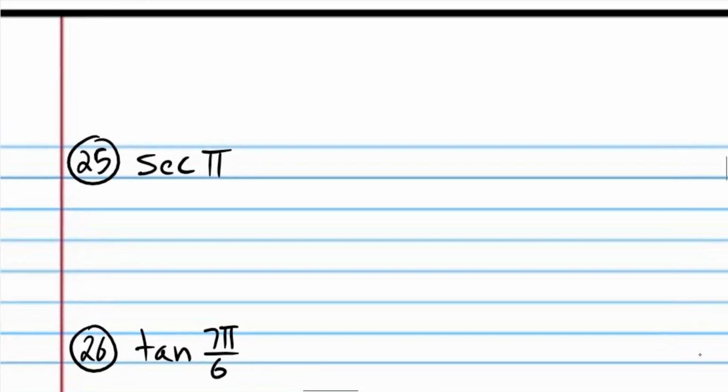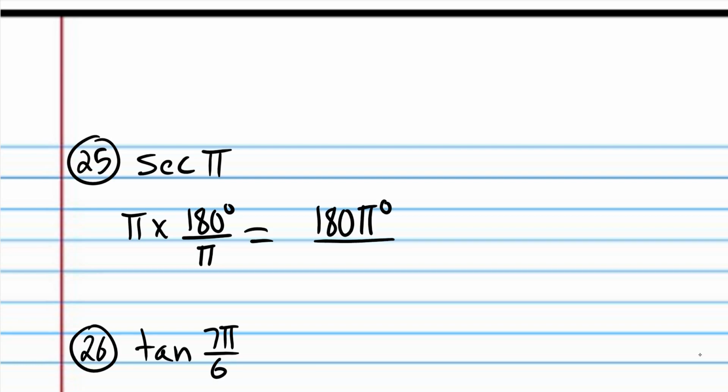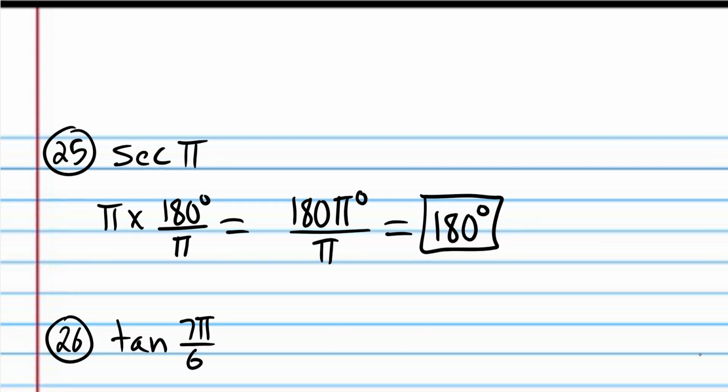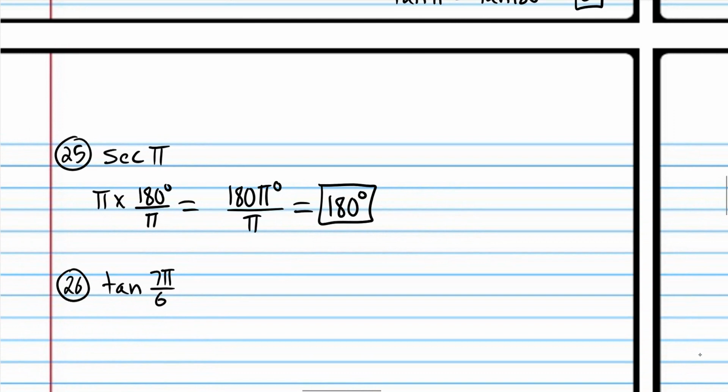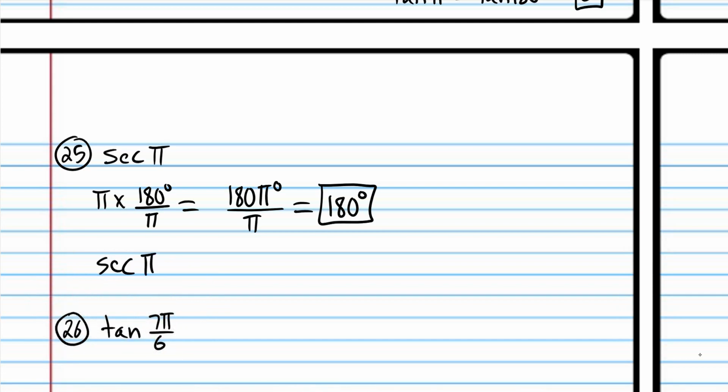Okay, we're back. So remember, pi is 180 degrees, but if you want to show that with the conversion, then we get 180 pi degrees over pi, which is equal to 180 degrees. And so we need to find secant 180 degrees, because secant pi is the same thing as secant 180 degrees.